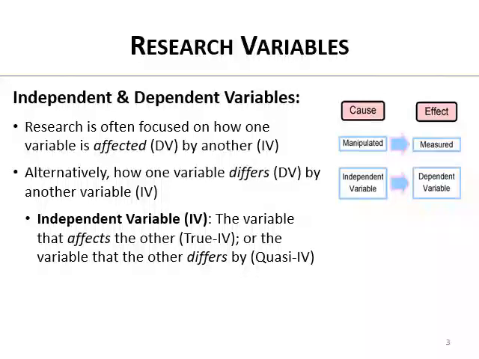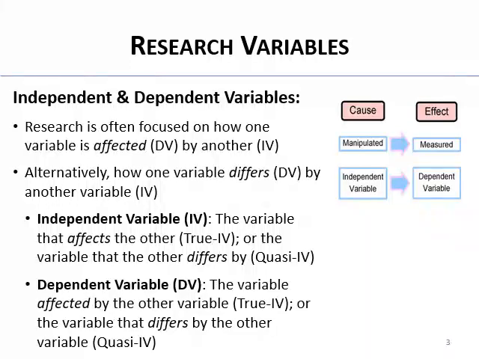So an independent variable is the variable that affects the other one. That would be a true independent variable. It's actually causally resulting in changes. The other type of independent variable is one that we think the DV differs by. So if we think it just differs by it but may not be causing it, we call that a quasi-independent variable.